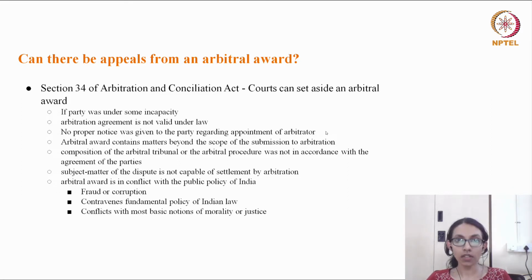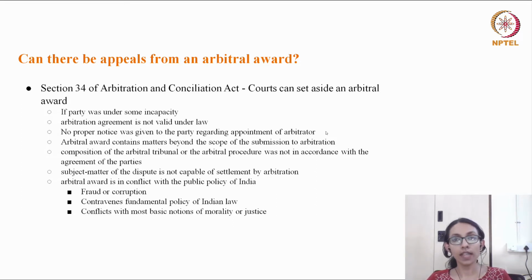Subsection 1 of Section 34 lays down 7 grounds on which an arbitral award can be challenged before the ordinary courts. The first ground is that the party to an arbitration is under some incapacity, say that person is a minor or was of unsound mind, etc. If that party has some incapacity, then it can be challenged on that ground.